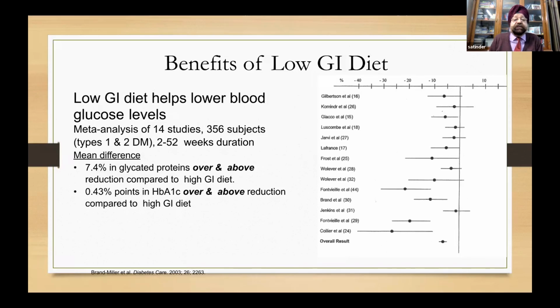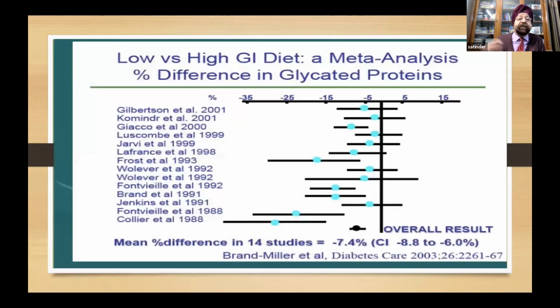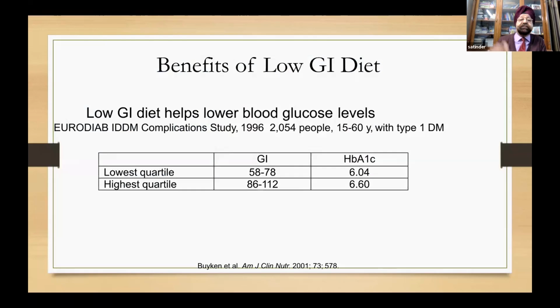And the HbA1c benefit is about 0.43, and maximally 0.5, with low GI products vis-a-vis high GI products in this particular meta-analytic study. Now, this is the same. See very clearly the low GI has made a difference, and all the studies are favoring a low GI food vis-a-vis a high GI food.